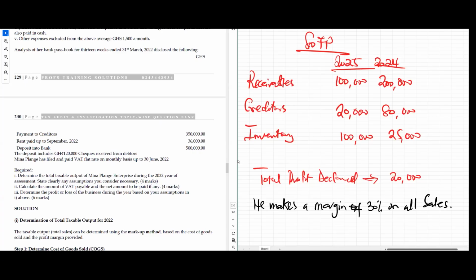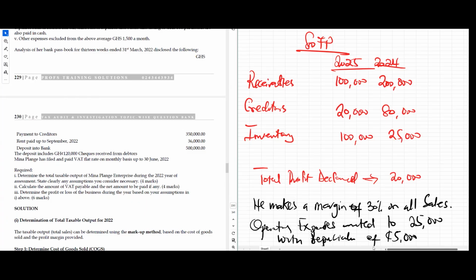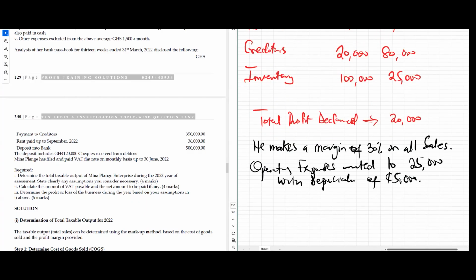Then operating expenses amounted to 25,000, with depreciation of 5,000. So this is the information we have.